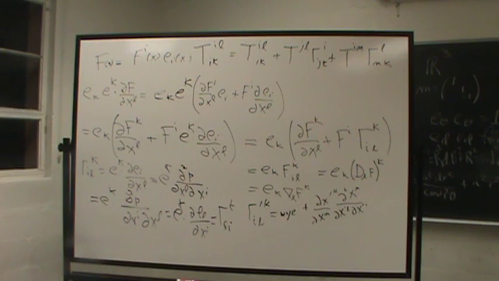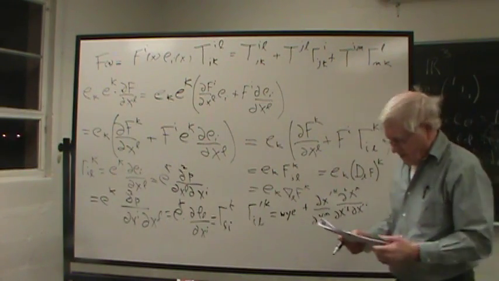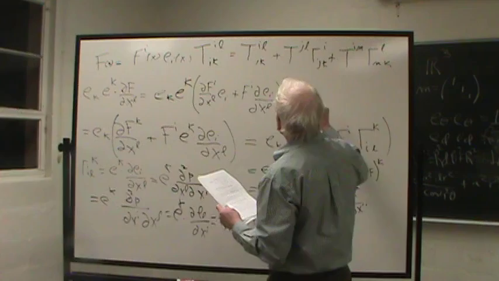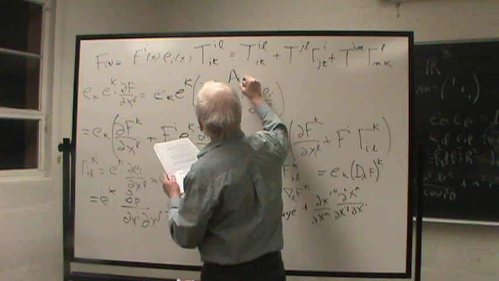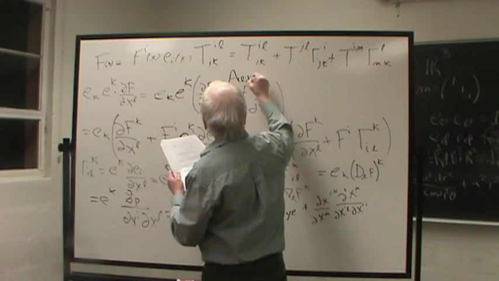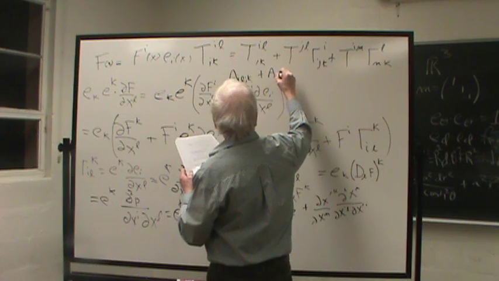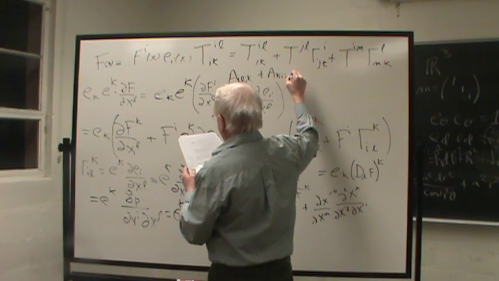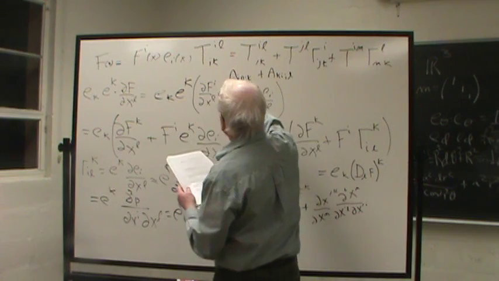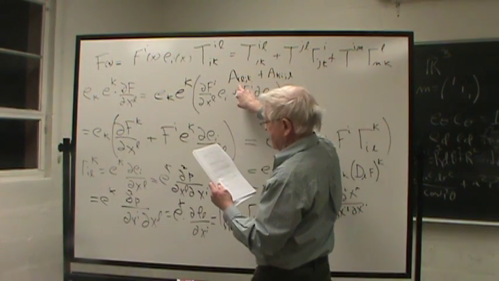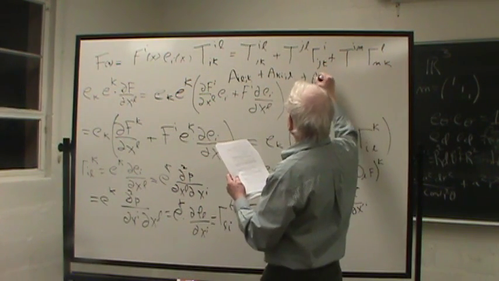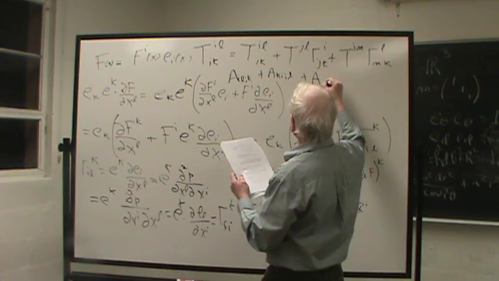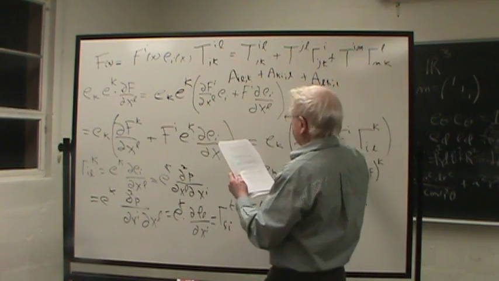There's something special that happens when the tensor is anti-symmetric. That's worth knowing. So let me just mention what it is. Namely, if you have an anti-symmetric tensor and you do AIL comma K plus A KI, did I say comma? I meant semicolon. So the kth covariant derivative of AIL plus the lth covariant derivative of AKI plus the ith covariant derivative of ALK.